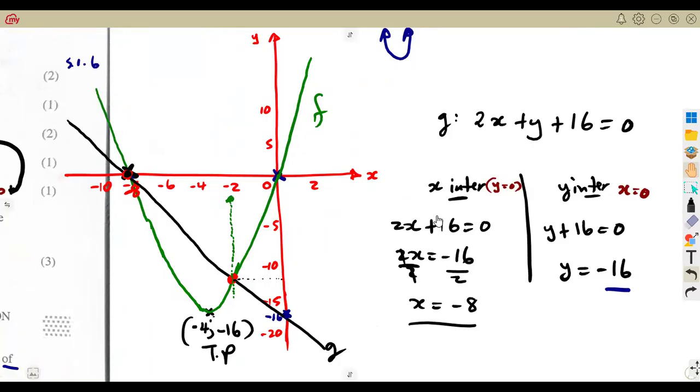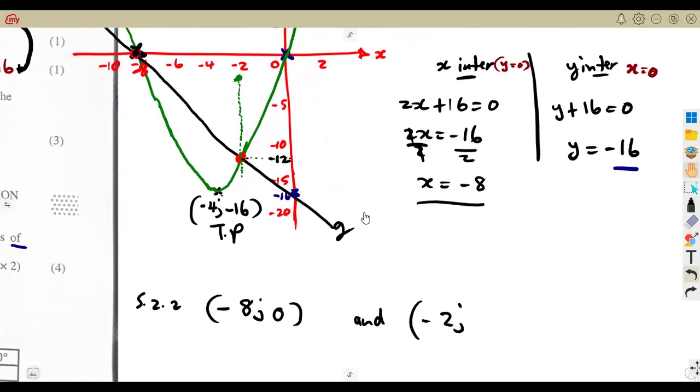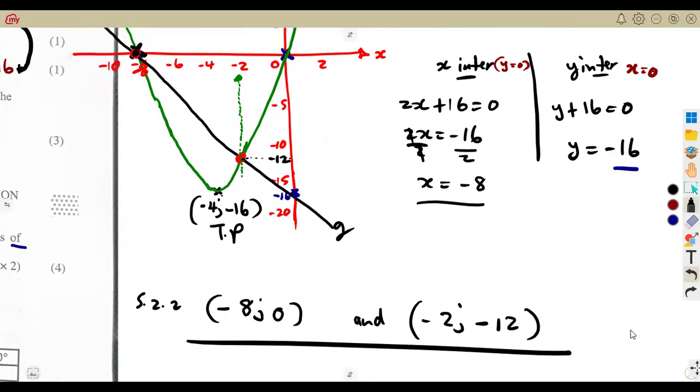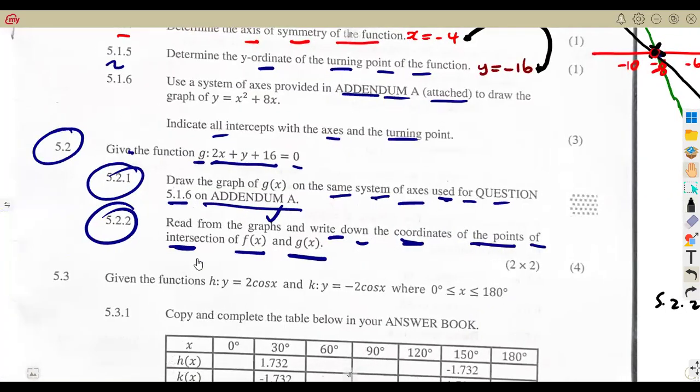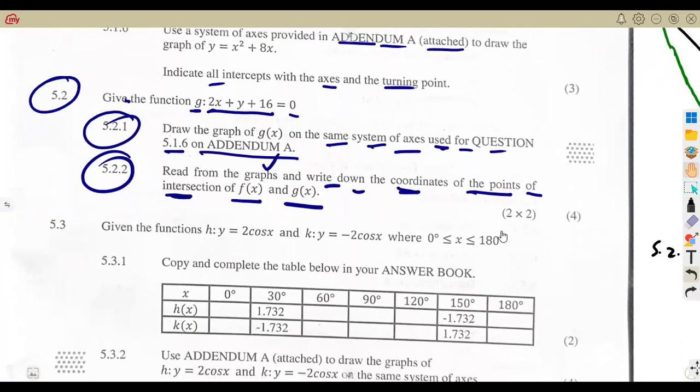I'm just going to substitute. It was going to be minus 12. Here I'm not having a graph, guys, but you'll be having a graph so you properly see that point. So these are the points that we are being asked there, the coordinates of the points of intersection. All right, just like that.